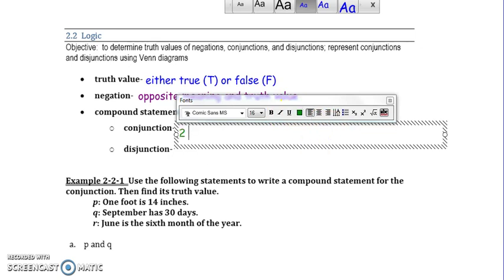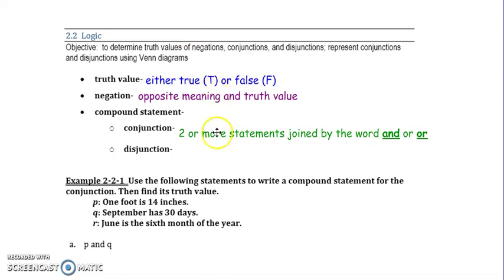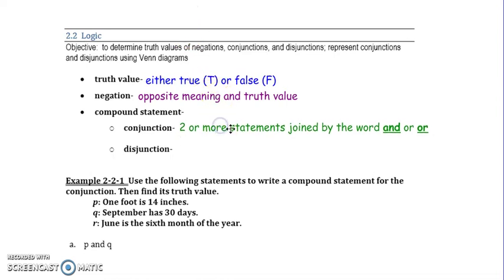That's when we have two or more statements joined by the word "and". I'm going to bold and underline those. So that is a conjunction, two or more statements joined by the word "and".